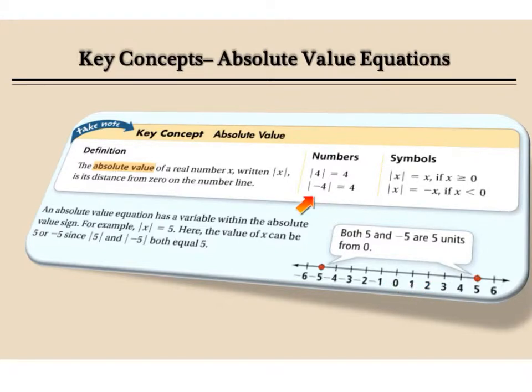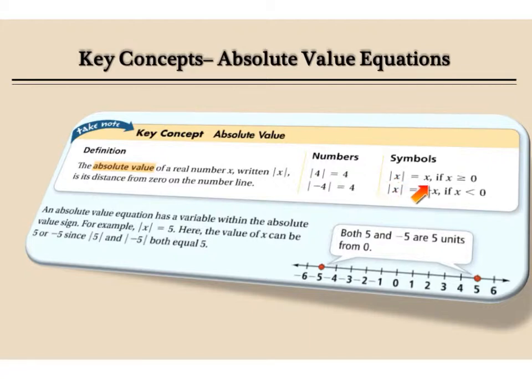Well, negative 4 is also 4 spaces from 0. We don't count negative. We can start at 0 and we go 1, 2, 3, 4. Therefore, absolute value is always a non-negative value or a positive value. If you notice, even though this is positive, this is negative, the answer is always positive.